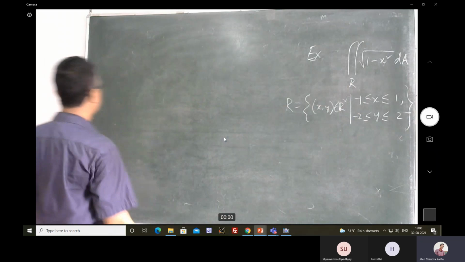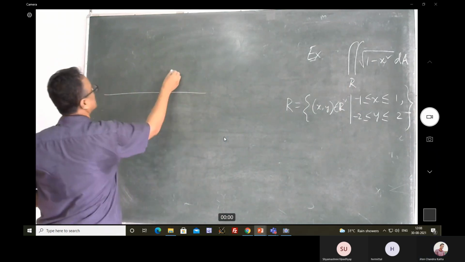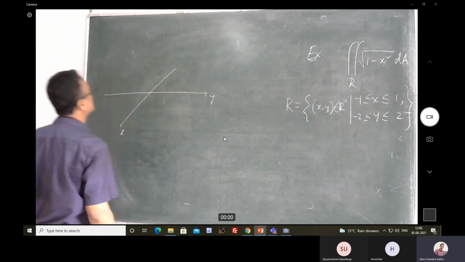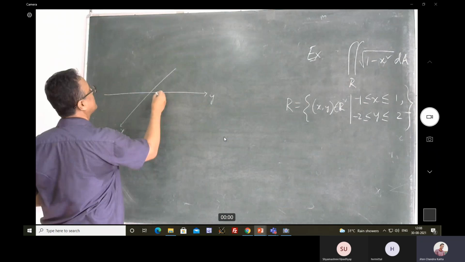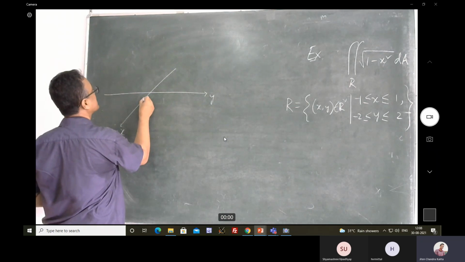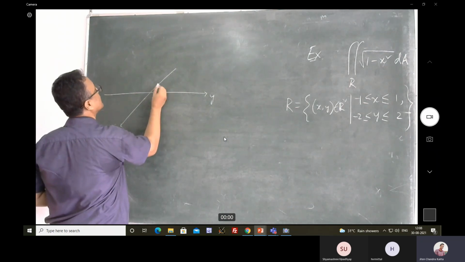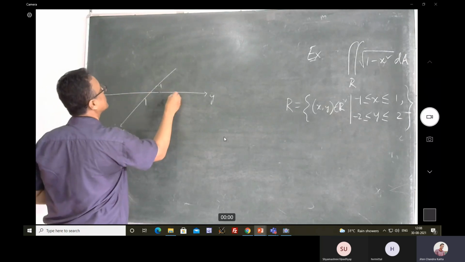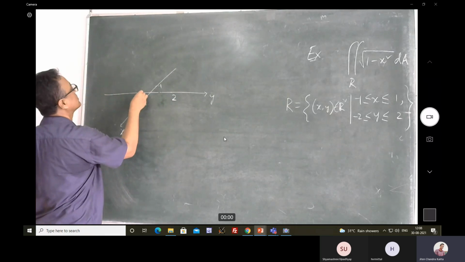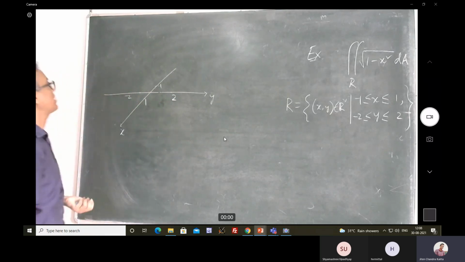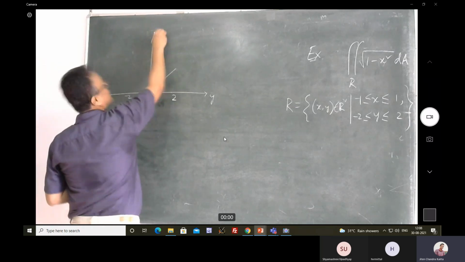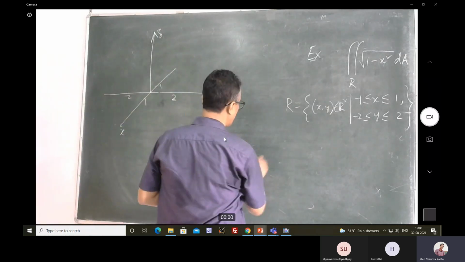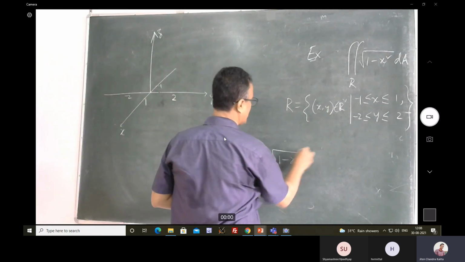Okay, fine. So now, let's suppose this is x, this is 1, this is -1, this is 1, this is -1, and this is 2, this is -2, and suppose this is y. Now I assume the function to be z equal to square root of 1 minus x squared, isn't it?